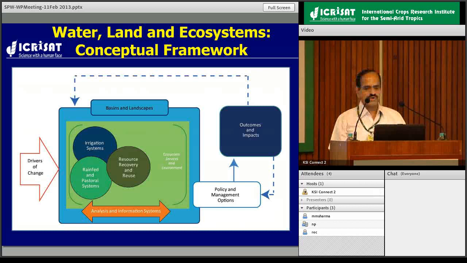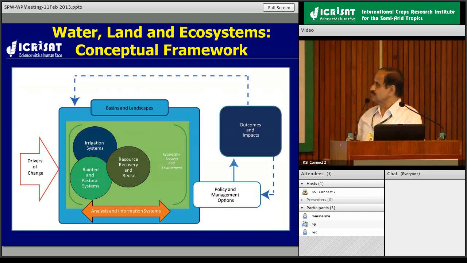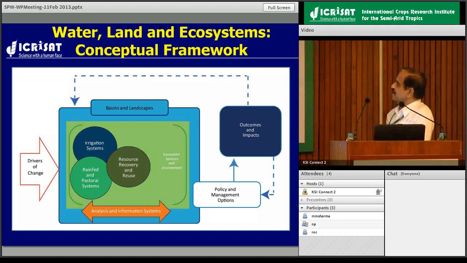If we look at the conceptual framework, in this basically we see that the major programs on irrigation systems, rain-fed and pastoral systems, and resource recovery and reuse are the main 3 research programs which will be addressing the issues of ecosystem services and environment.